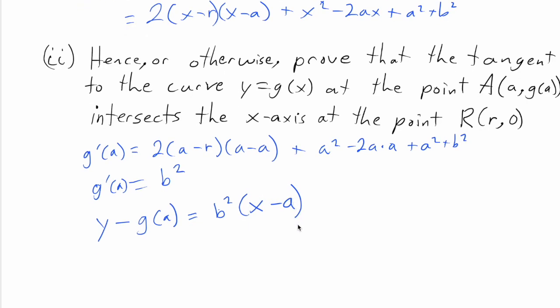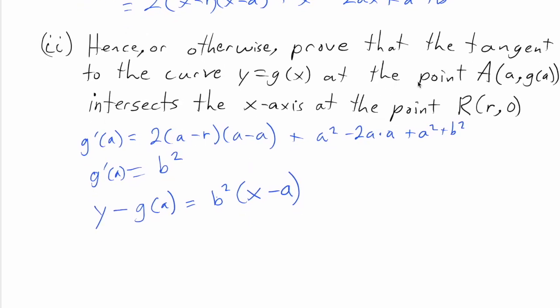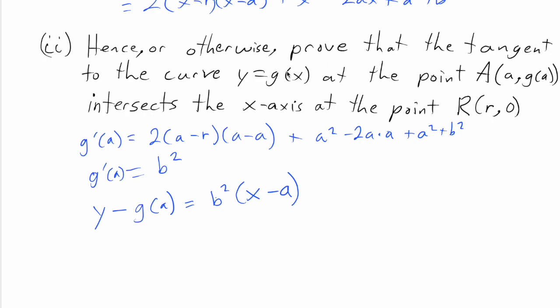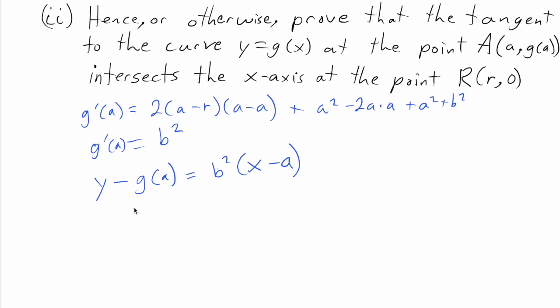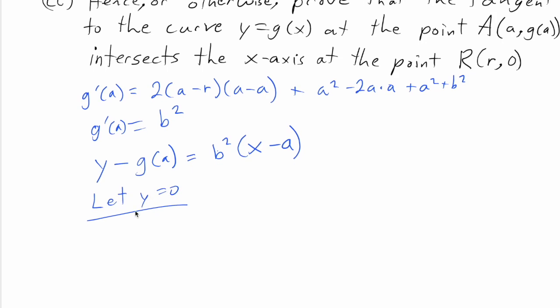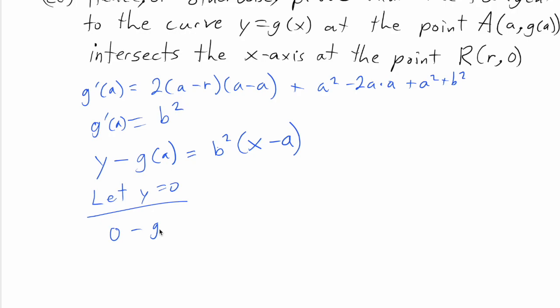So that's the equation of the tangent line. We need to prove that the tangent to the curve at this point intersects the x-axis, so we need to find the x-intercept. So we let y equal 0 at the x-intercept. So we get 0 minus g of a equals b squared times x minus a.